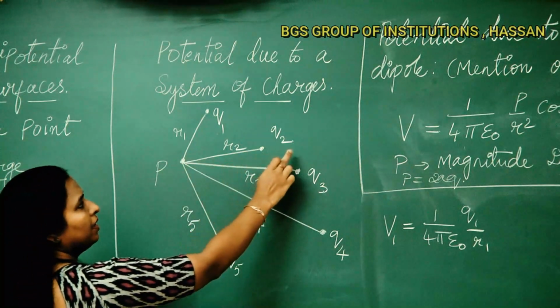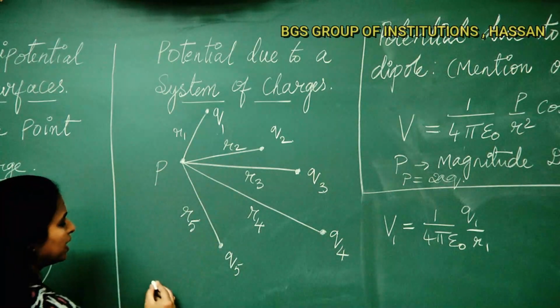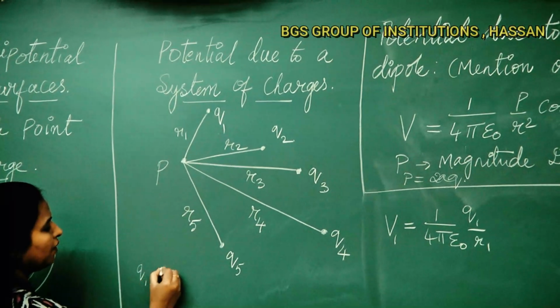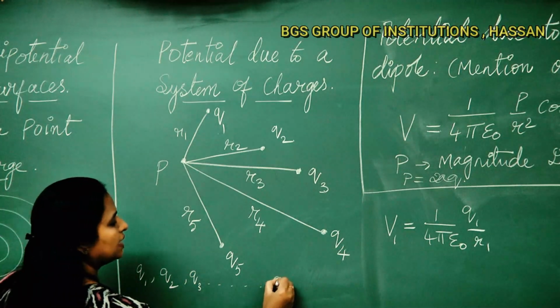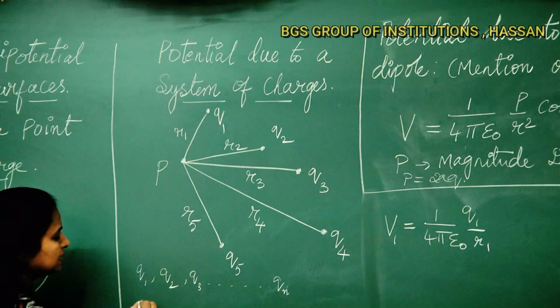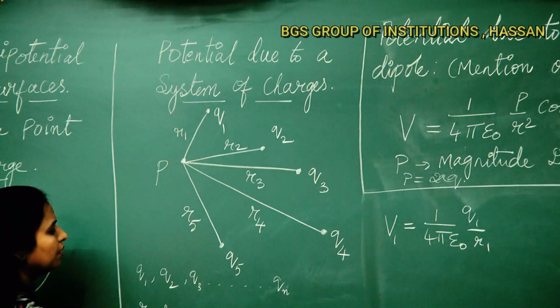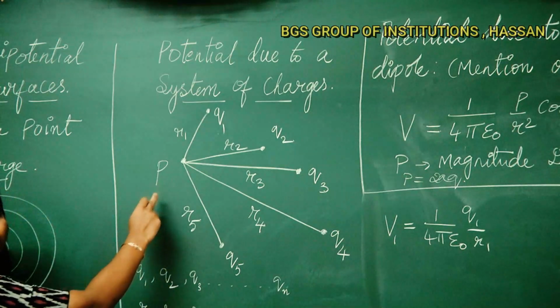In the same way, the distance of charge Q2 from P is r2. So we have a system of charges Q1, Q2, Q3, etc. till Qn at distances r1, r2, r3, etc. till rn from the point P.